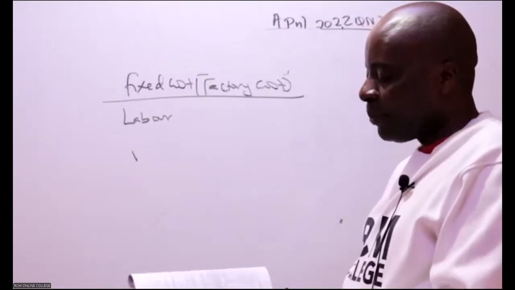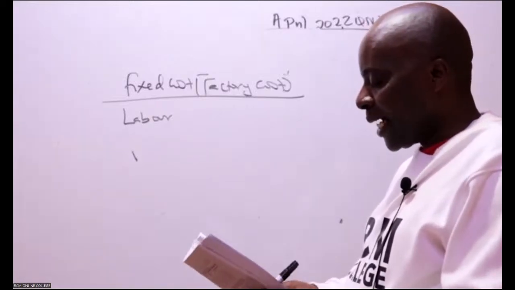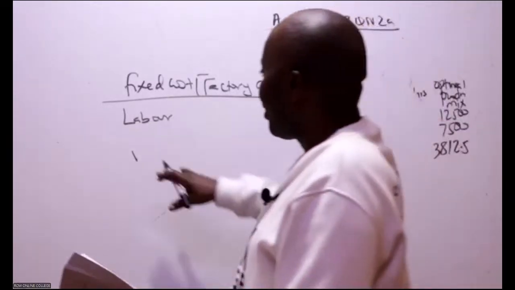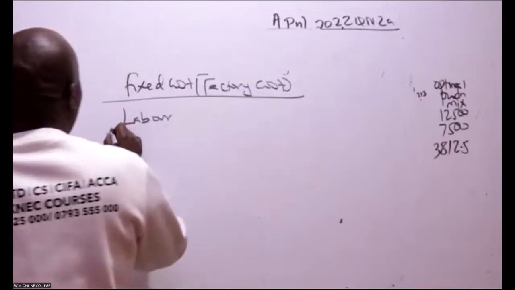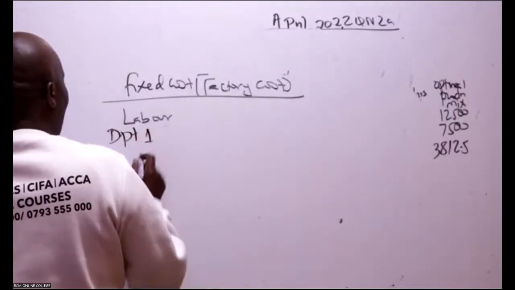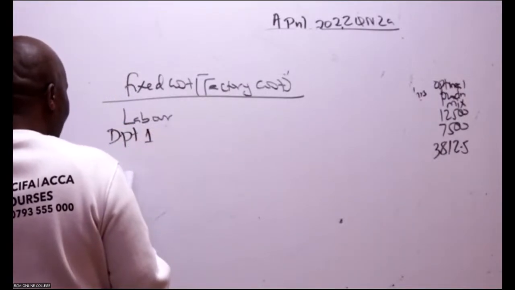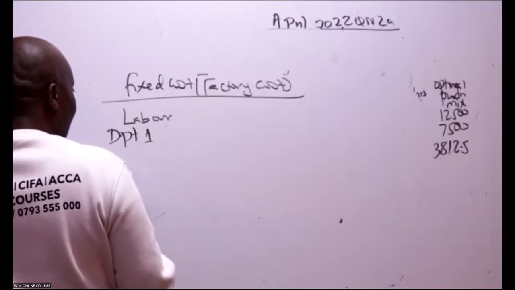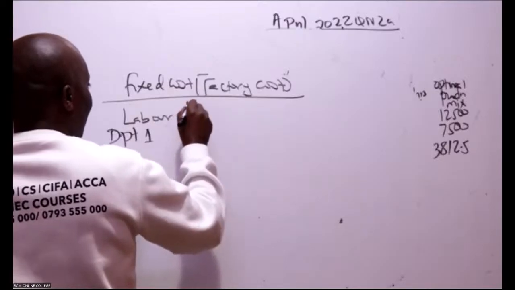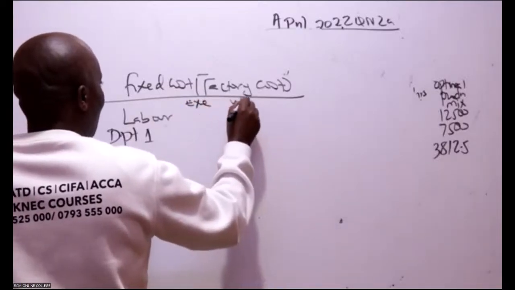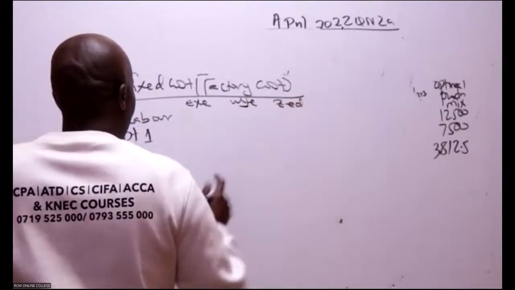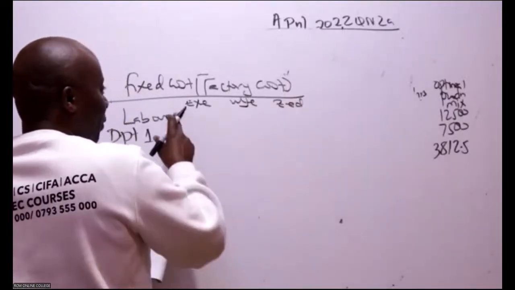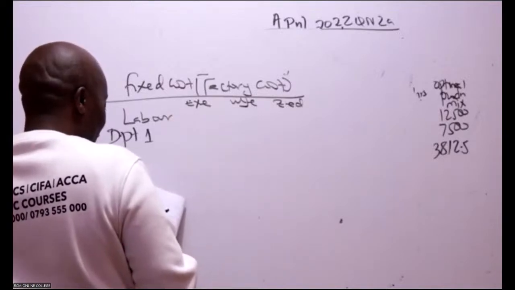Yeah. So then please go ahead and give me the current labor. So the current labor, we have Department 1. So don't forget that we have X, we have Y, we have Z. Here we're working with current output.